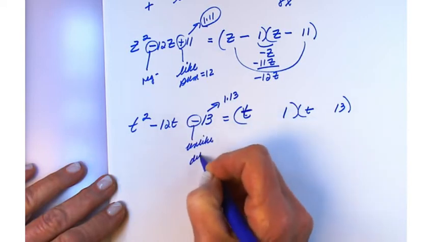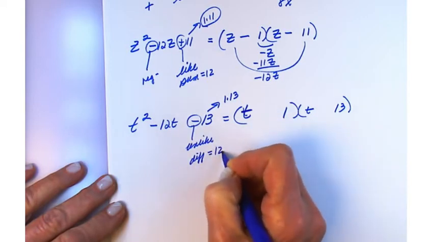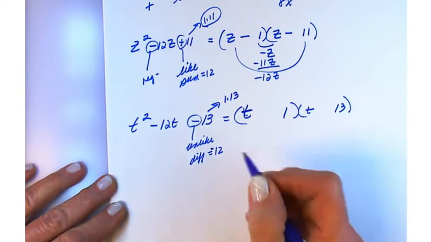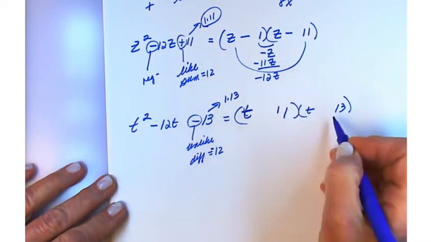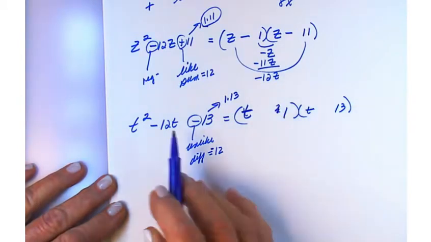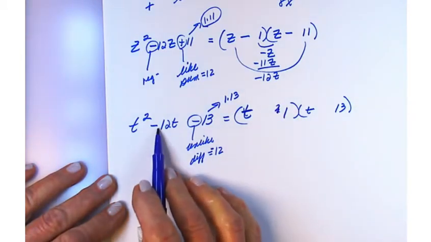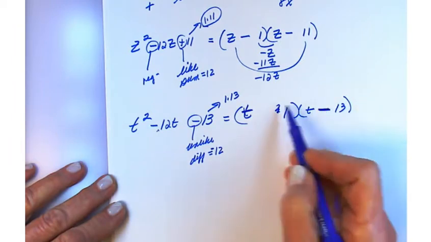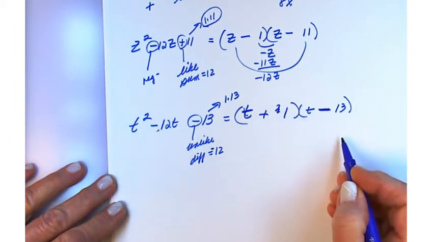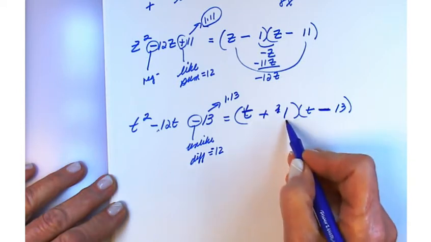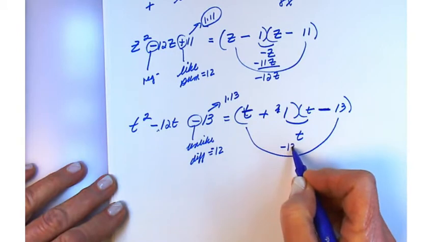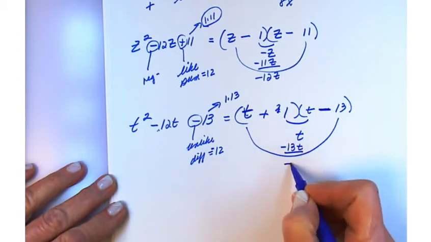That means I need a difference equal to negative 12. So I only have one, I have 1 and 13, I already put that in. So I want the middle sign negative. That means the larger number is negative and that one is positive. Check your scoops. 1t minus 13t gives me negative 12t.